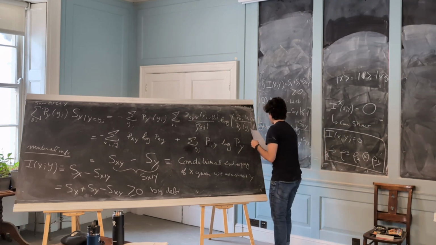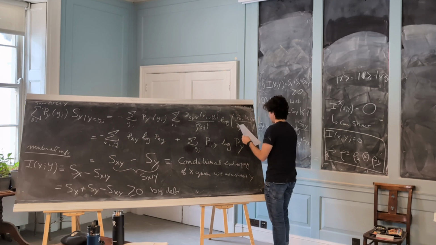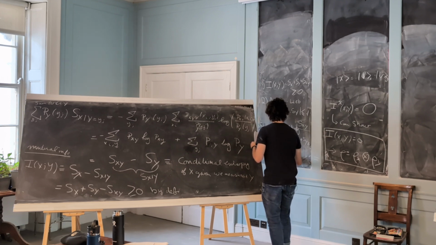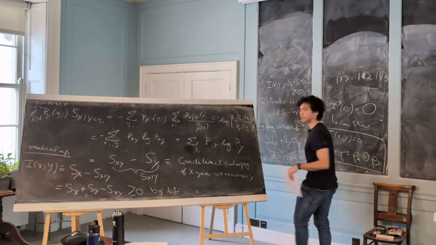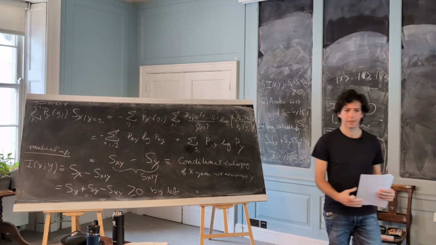So we can phrase this in terms of mutual information. It says that the mutual information between x and y is less than the mutual information if I include z with y. That makes sense, right?